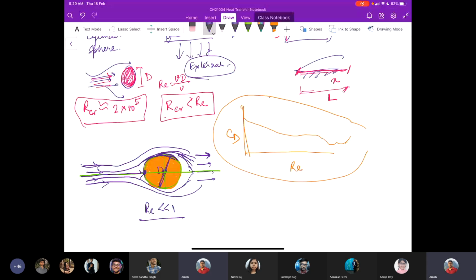So if the velocity is very, very low, it completely wraps the surface towards the rear end as well, and then the boundary layer flow again happens. So basically, the point is the fluid follows the curvature of the object for Reynolds number much lesser than 1.